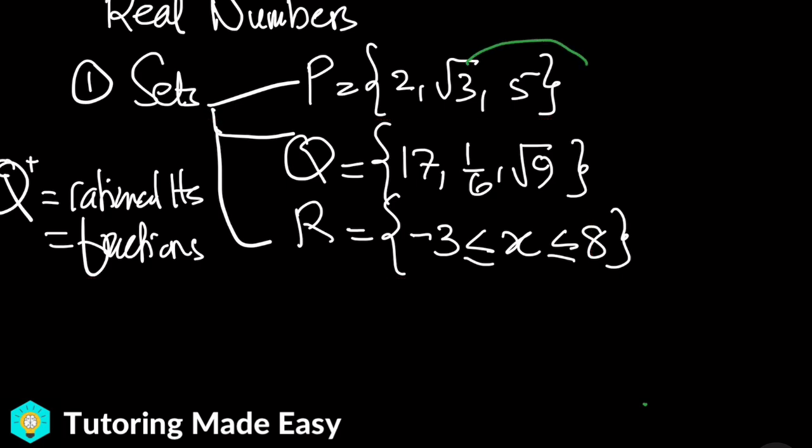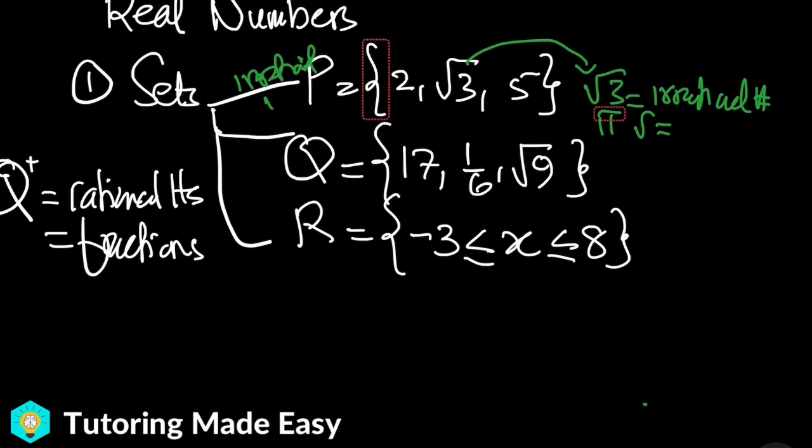Rather, it has this square root of 3, which is an irrational number. Remember, we learned that square roots, pi, and numbers like that are irrational numbers. So set P is an irrational number set.